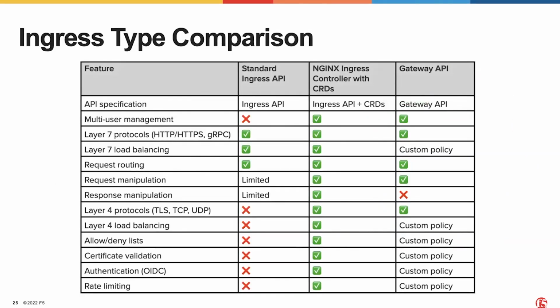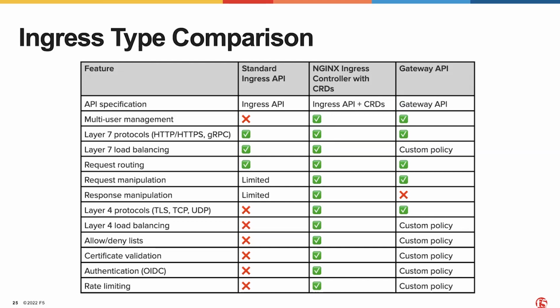The question of Ingress is one that gets a lot of discussion on the Kubernetes forums, and this matrix does a good job of breaking down the differences. The standard Ingress API is great for layer 7 protocols. However, if you want to do anything with layer 4, or if you want to do any manipulation or routing, you're going to be unable to do that with the standard Ingress API.